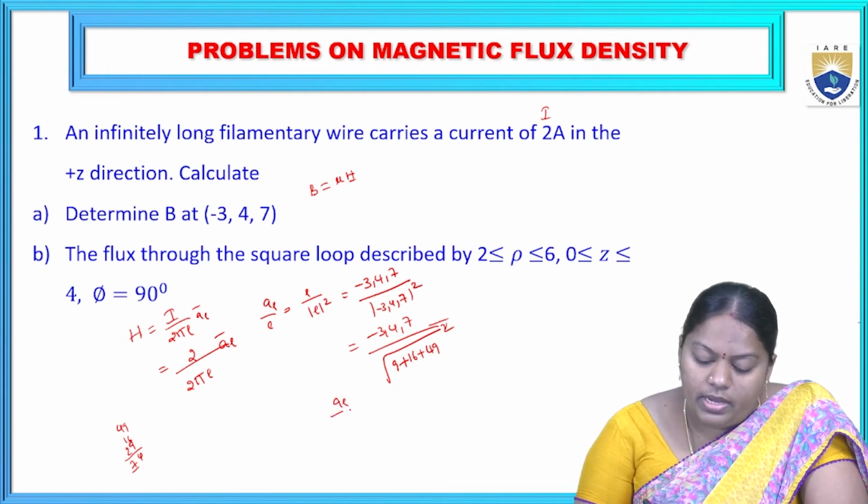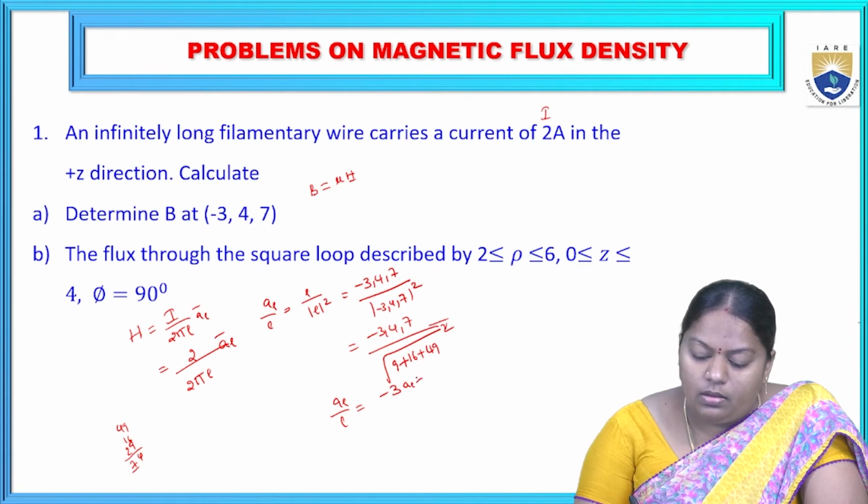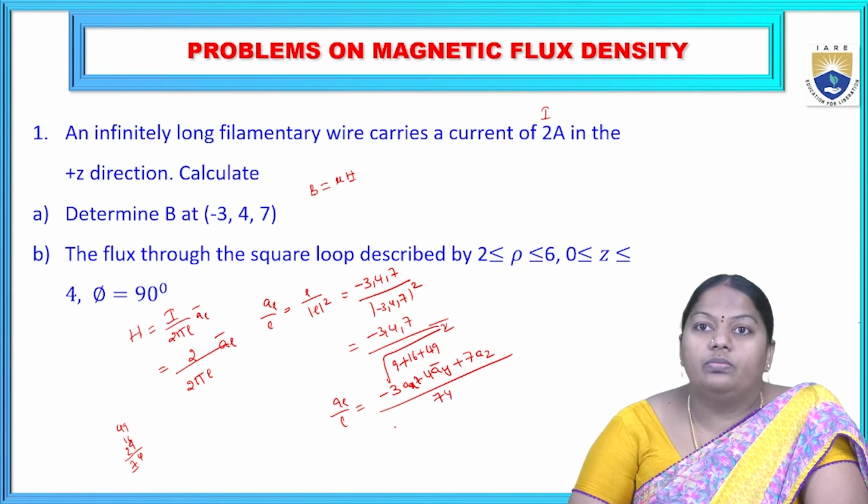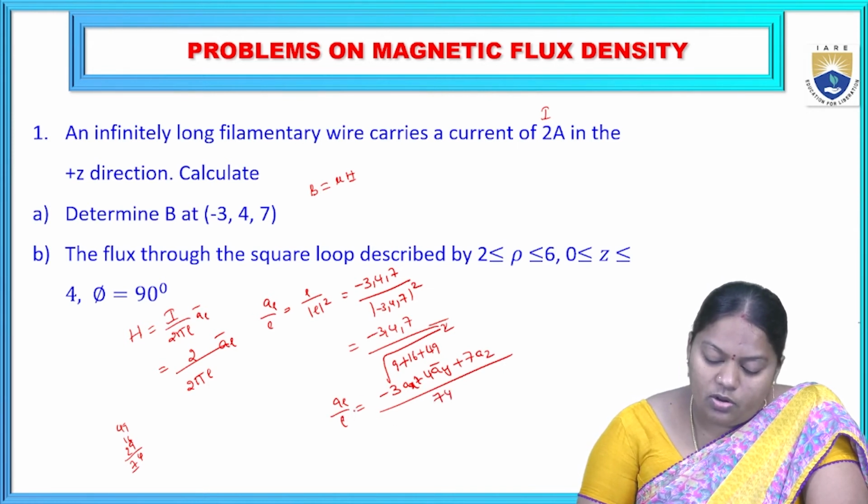Means a rho by rho is to be written as minus 3 ax plus 4 ay plus 7 az by 74.